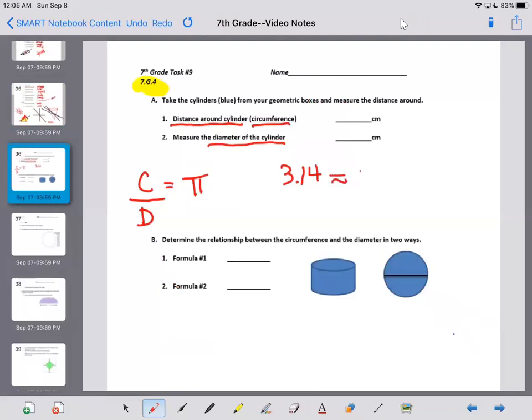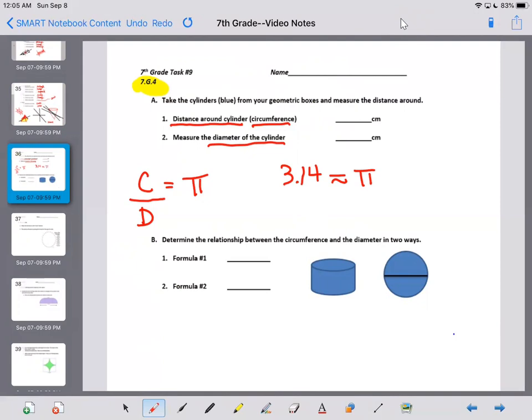That is not the exact value because it's irrational. We cannot put an end to the decimal. So we cut it off at usually 3.14 so we can work with it and get an approximate answer. So when we're determining the relationship between the circumference and the diameter, we're looking at formulas, okay?